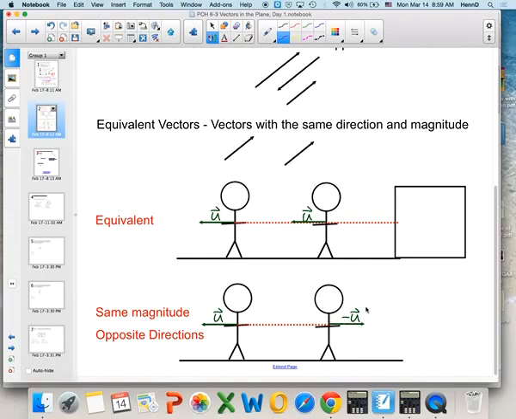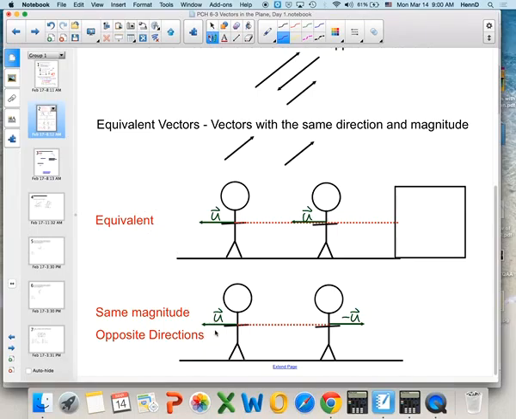Notice how I indicated the opposite direction with a negative. Okay? A negative in front of a vector simply means it goes the opposite direction. It does not change its magnitude at all. Okay? So since these two guys were equally strong, what's going to happen if they're pulling against each other? Not gonna move. They're going to cancel each other out, and it's not going to move. All right, we've got a tie here. Okay? So does that make sense? Yes. Okay?